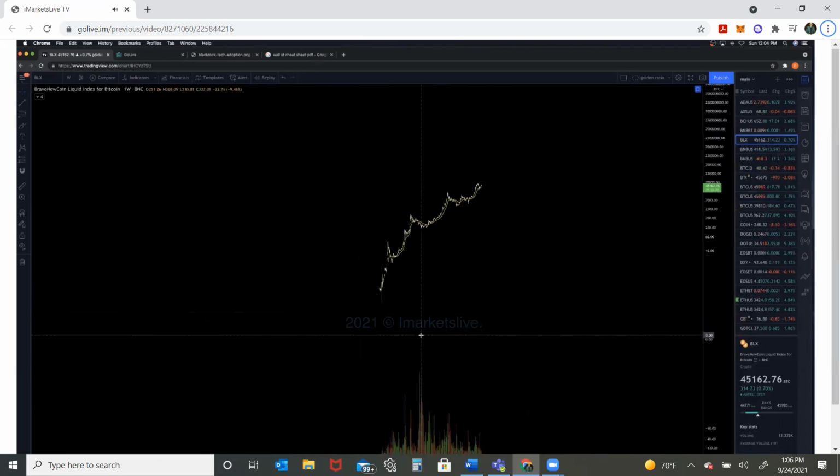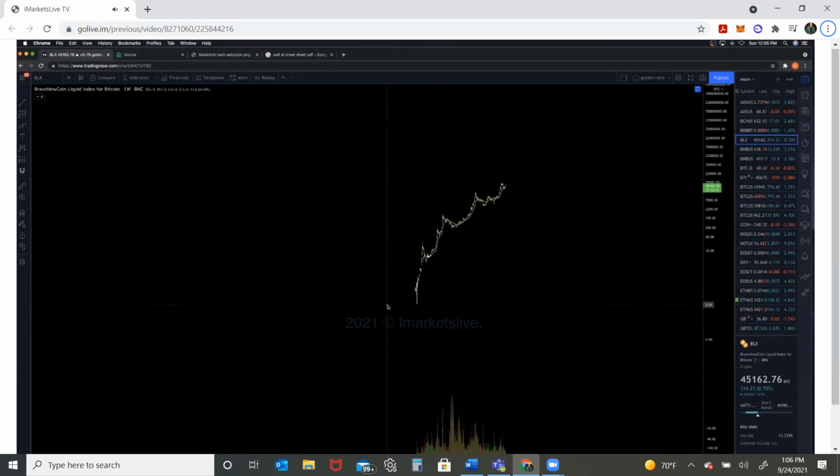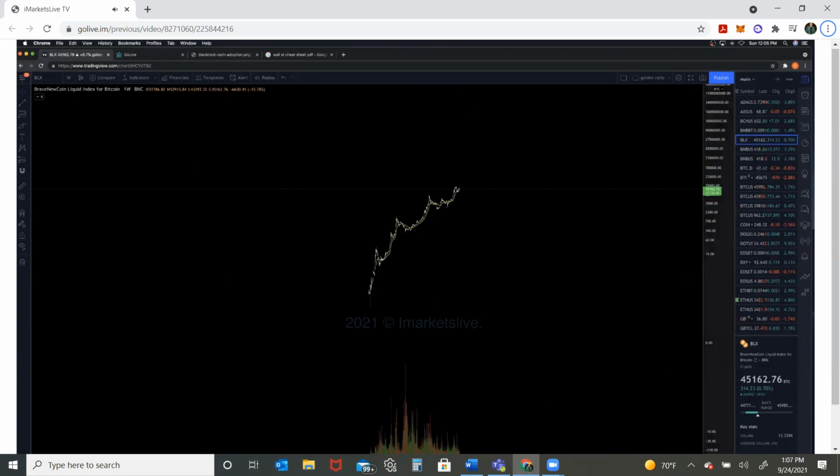Because when you look at the logarithmic graph, you're looking at Bitcoin not so much as a financial market, but as a network that is growing and is becoming adopted. So there are two different ways that we're looking at Bitcoin here: a technological adoption, in a sense, and a financial market in a linear scale.